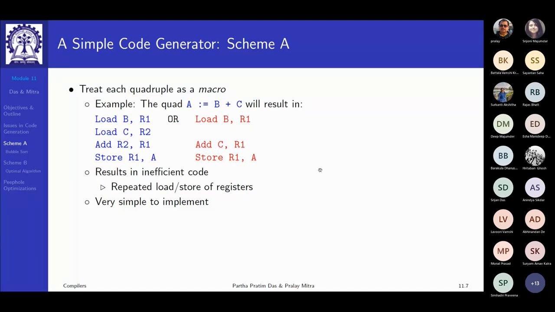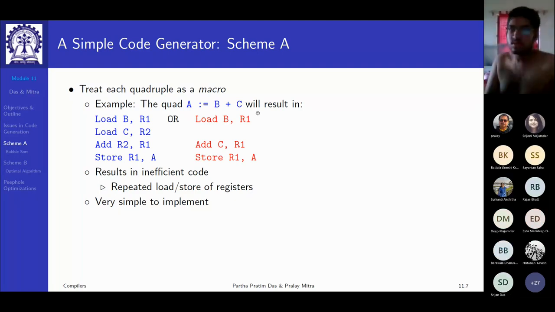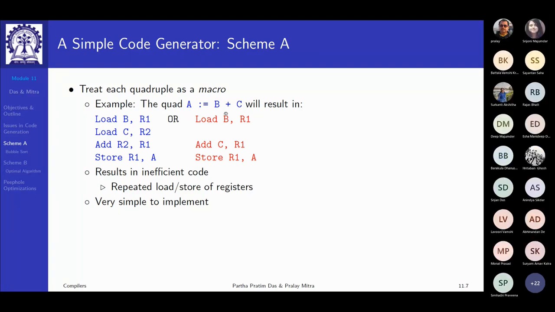Say the code is A assigned B plus C, which is the common generic form with a binary operator. Then one macro could be: load B and C into R1, R2, add R2 to R1. So actually the value of B is lost now. R1 represents the value of A, and then finally you store R1 to A.